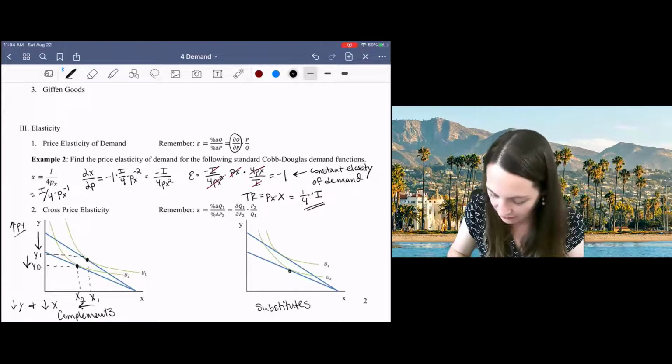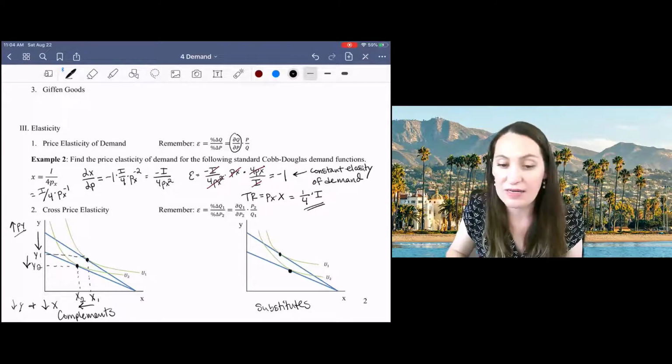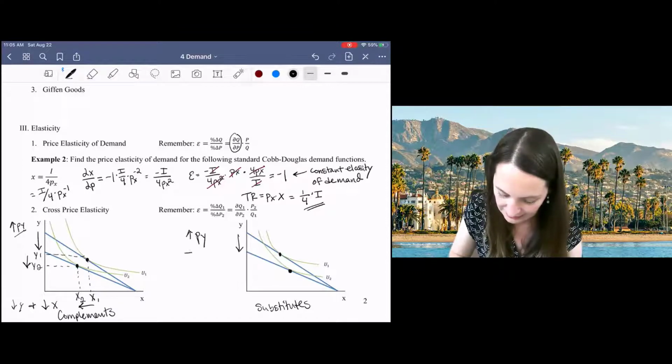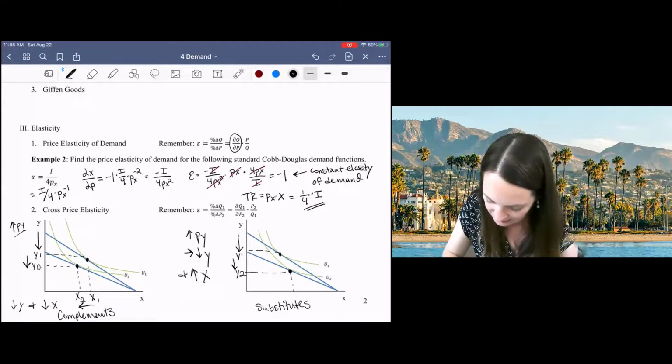Now, if the opposite is true, if we have substitutes, then we're going to have some optimal choice equations that look like this. We have a similar increase in the price of Y, leading to a decrease in consumption of Y. But now in this case, our consumption of X is actually increasing.